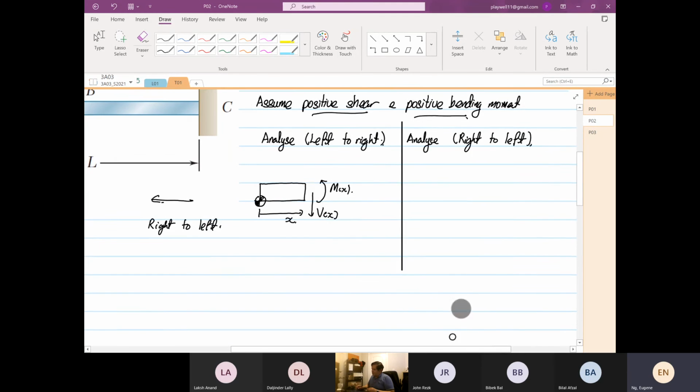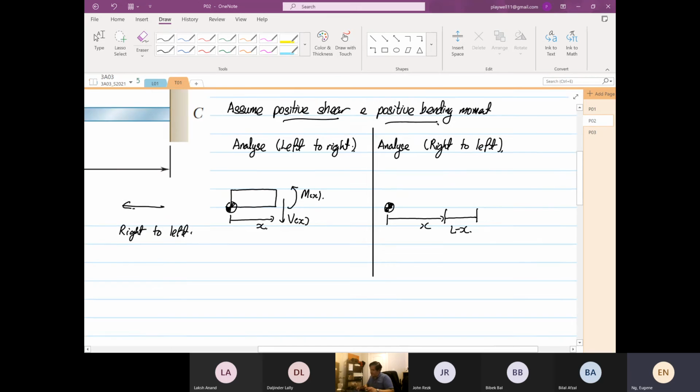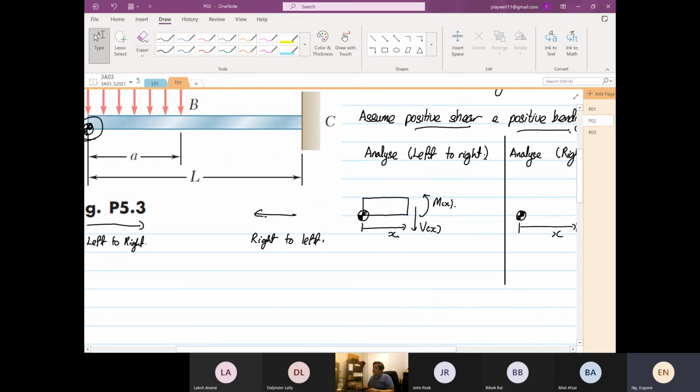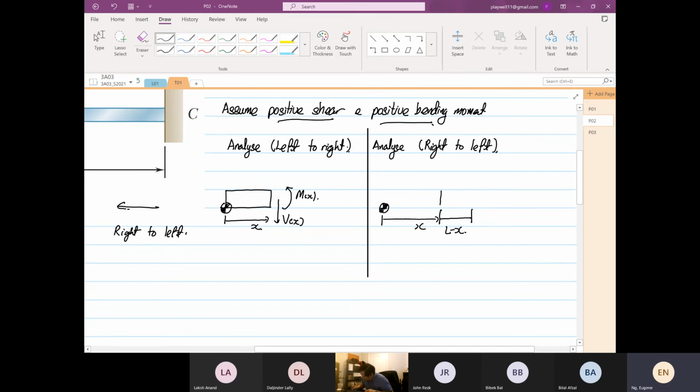And then if we are going to do right to left analysis, the geometric datum still stays. The distance from here to here is x, and then this length over here is L minus x. L is the entire length of your structure. So you draw your beam.